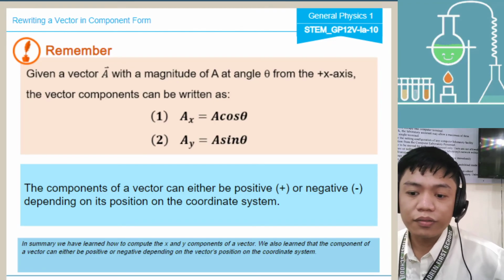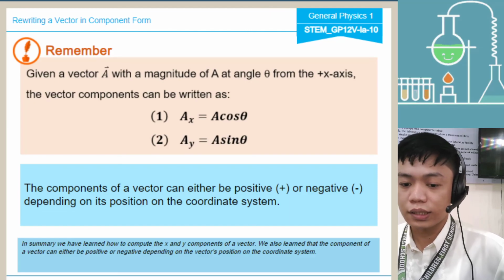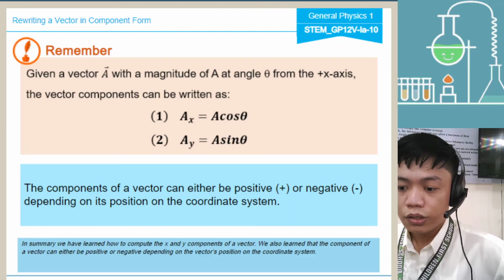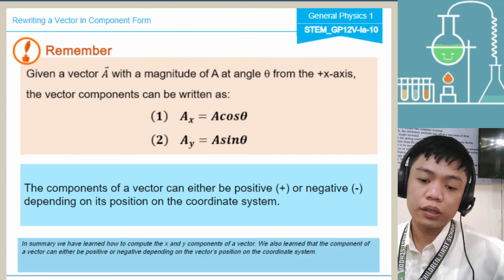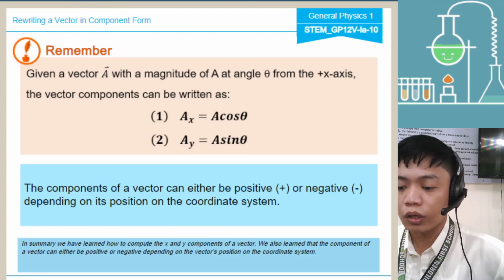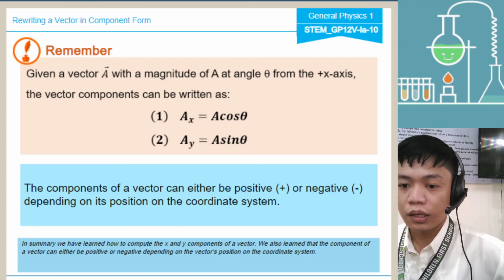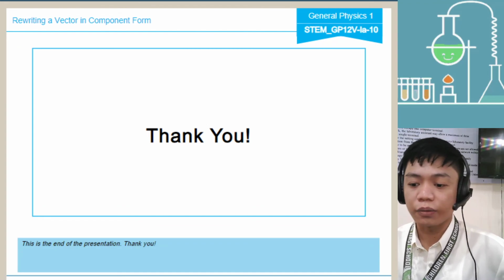The component of the vector can either be positive or negative depending on its position on the coordinate system. So, we all learned that the component of the vector can either be positive or negative depending on the vector's position on the coordinate system. Now, that ends the presentation and thank you very much for listening.